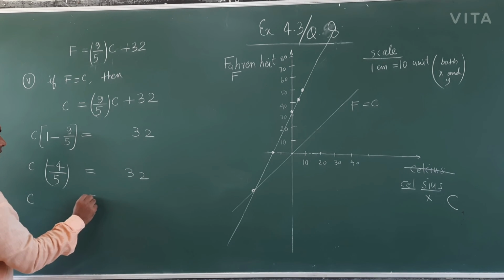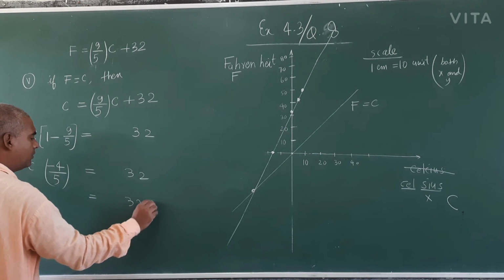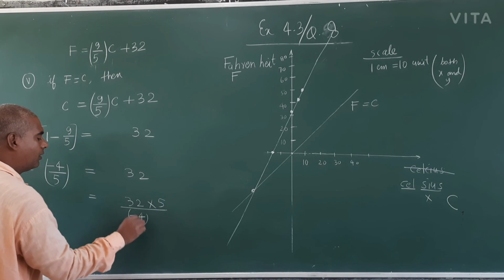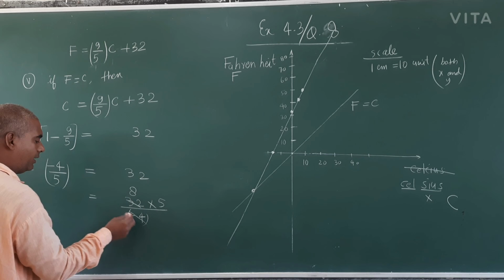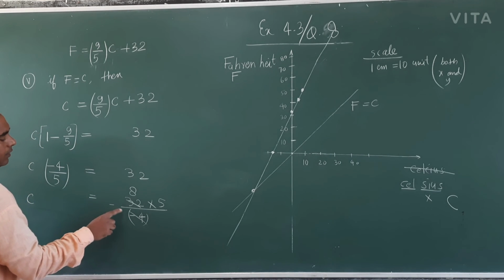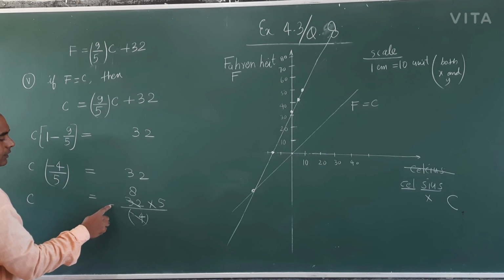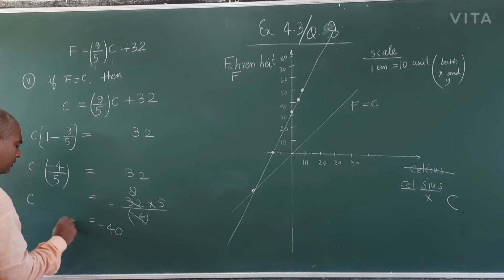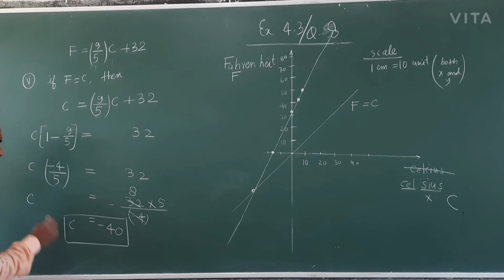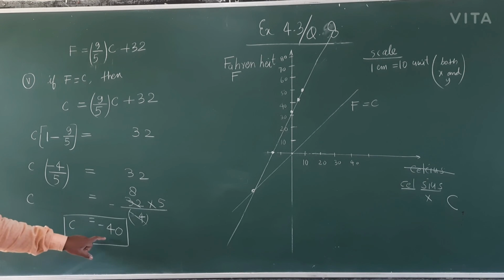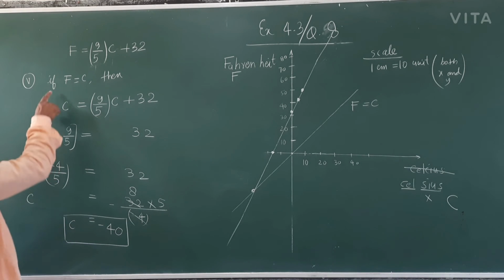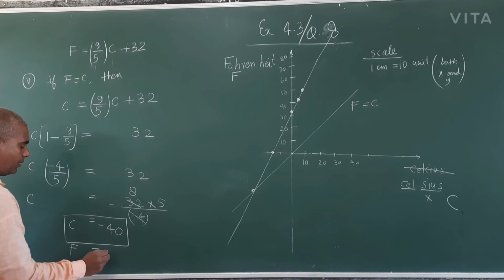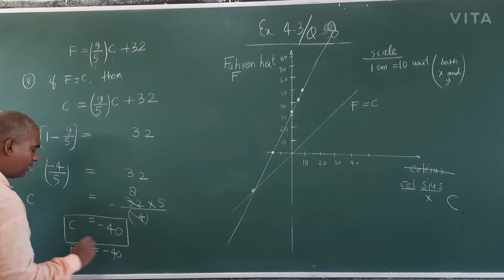Then C is equal to 32 upon minus 4, which is minus 8, so minus 40. C is equal to minus 40, and F is equal to minus 40, because F and C are equal.